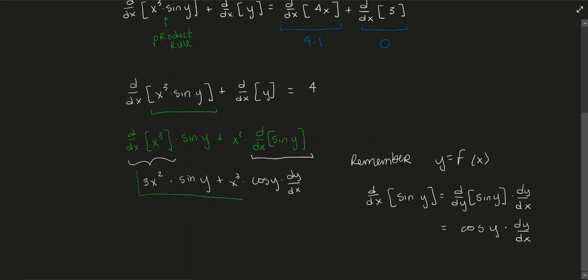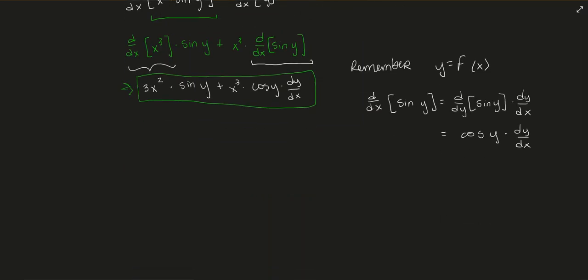So when we copy down our equation again in a second, we are going to replace that first derivative, x cubed sine y, with what we have in this green box. So we've got 3x squared sine y plus x cubed cosine y dy/dx.